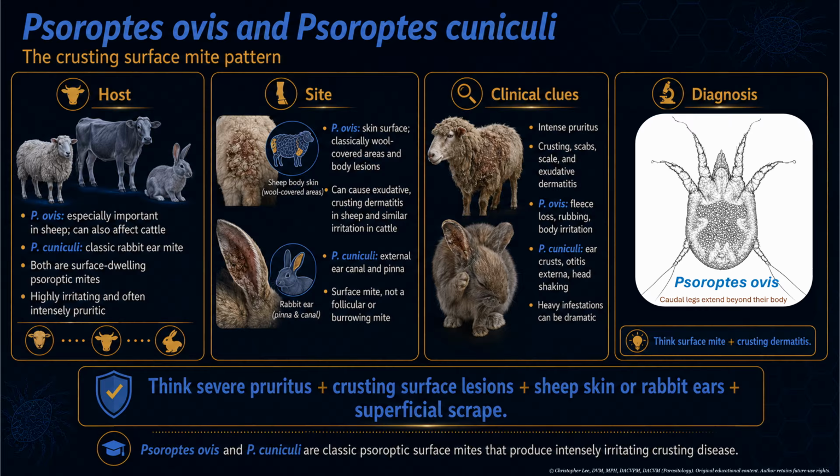In rabbits, think thick ear crusts, otitis externa, head shaking, and sometimes dramatic ear disease. Diagnosis uses superficial skin scraping or examination of active crusts and scabs. In rabbits, collect material from the ear debris and crust margins rather than simply admiring that impressive architecture. The pattern is severe plus crusting surface lesions plus sheep skin or rabbit ears plus superficial sampling.